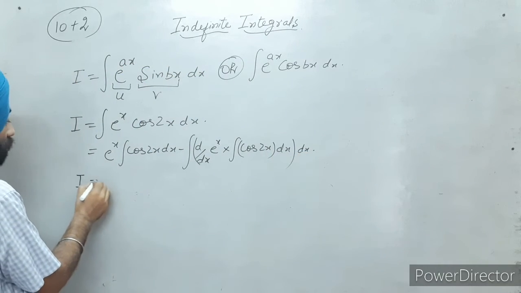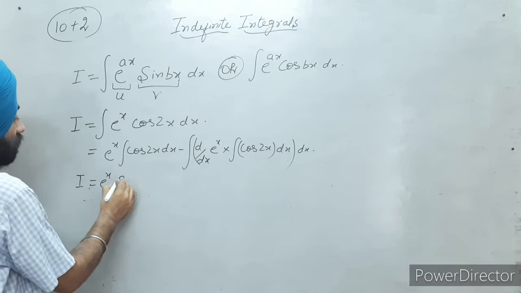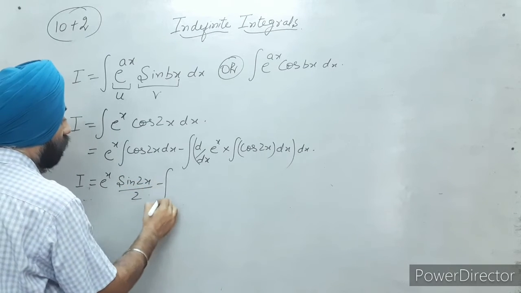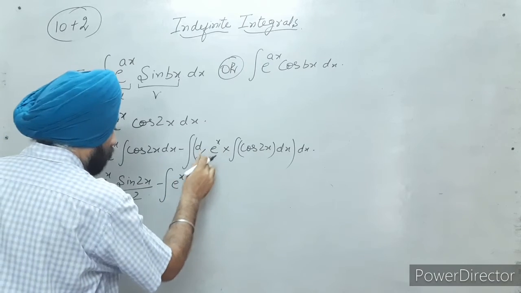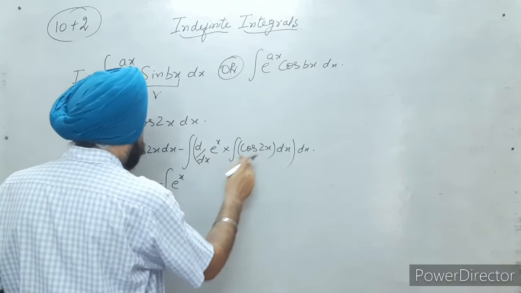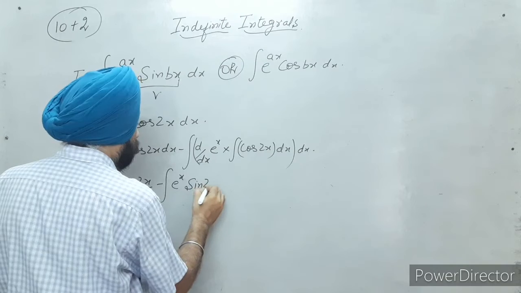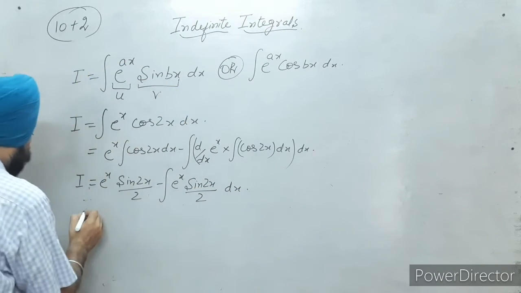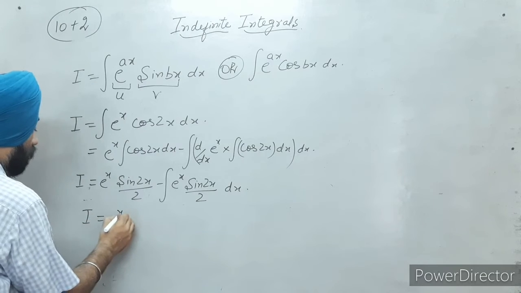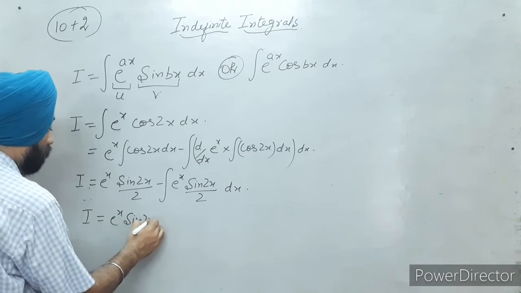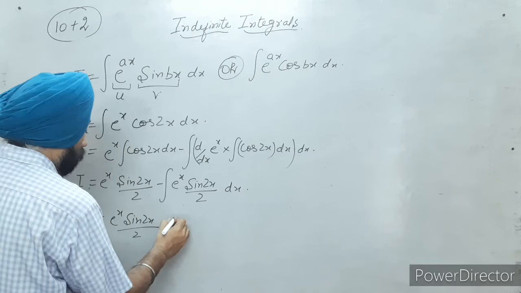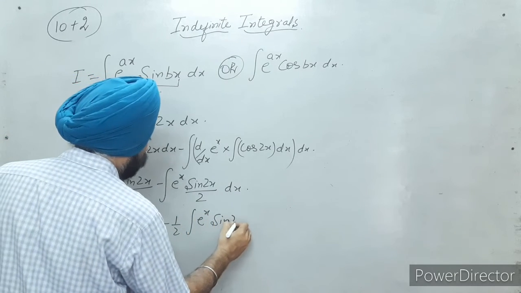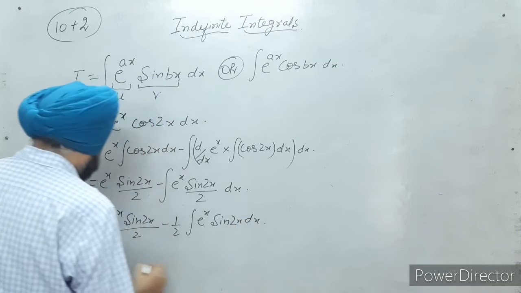I equals e to the power x, this is sin 2x divided by 2, minus integral of e to the power x, derivative is e to the power x, into integral of this, sin 2x upon 2 dx. I equals e^x sin 2x upon 2 minus 1 by 2 integral of e^x sin 2x dx.